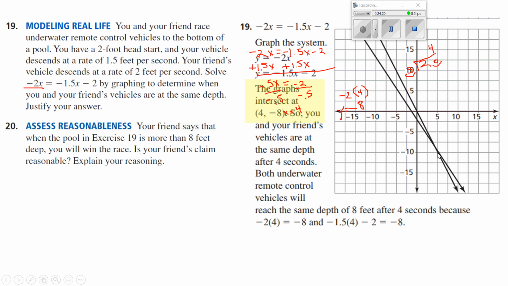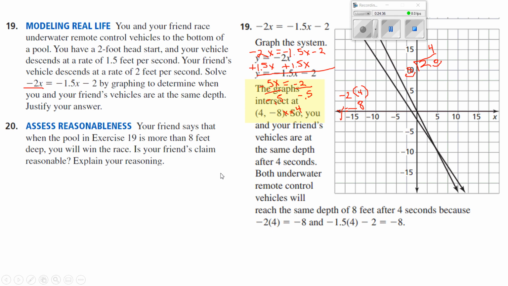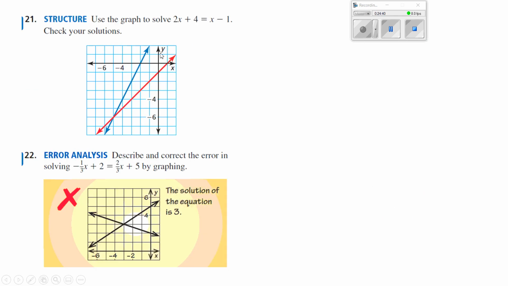Right over here, there it is, 4 and negative 8 right there. So we go to 4, we go down all the way to negative 8, and they'll intersect right there. All right, number 20 was yours to do. Now I've got to get to number 21.